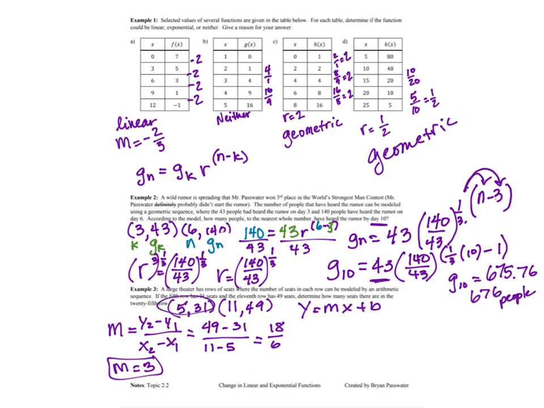So y is going to be 31 equals, what's m? 3. What's x? 5 plus b. So 31 is 15 plus b. Keep going. Subtract 15.